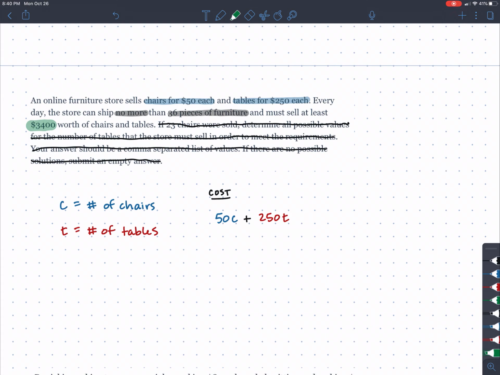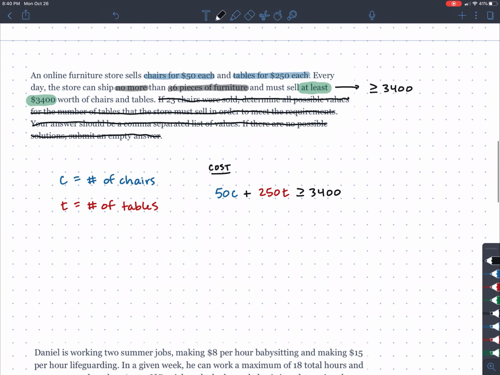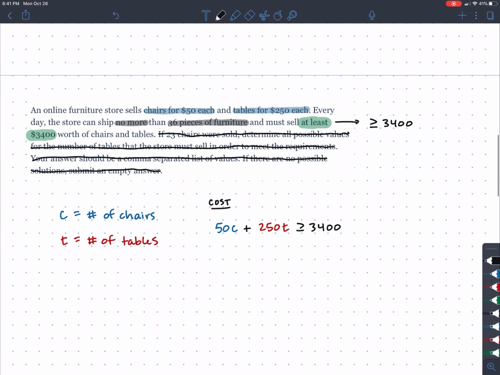This phrase, at least, means I want to sell greater than or equal to $3,400. So there's my inequality: 50C plus 250T is greater than or equal to $3,400.